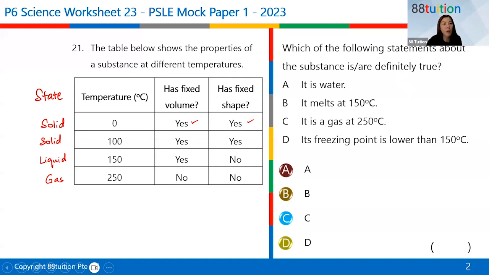The more you respond, the better you will actually understand this. Yeah, I see quite a number of responses. Okay, I have responses saying the table does not provide any information about the substance being water or any specific substance.